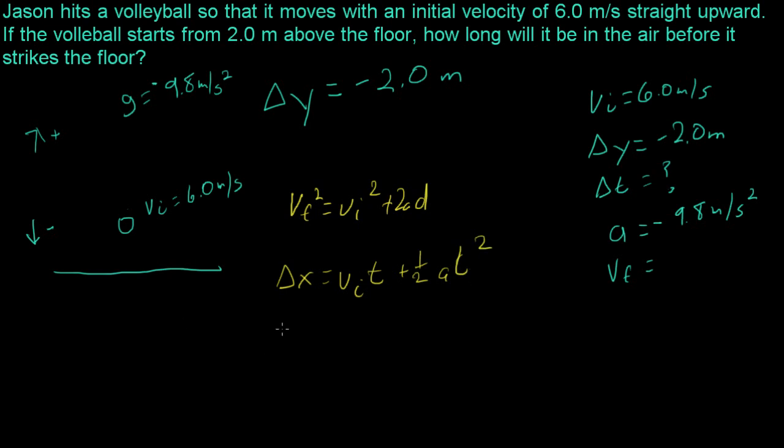Okay, we've got vf equals vi plus at, and last we have delta x equals 1/2 (vf plus vi) times t. Alright, the order doesn't really matter here.